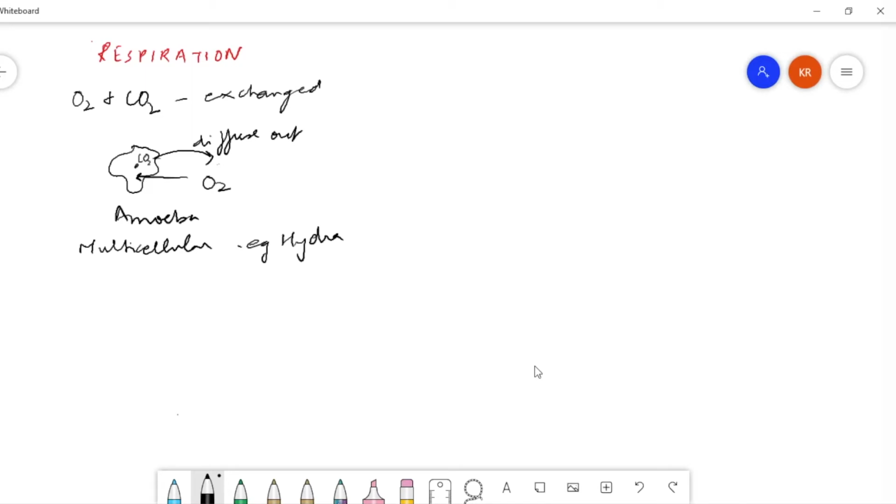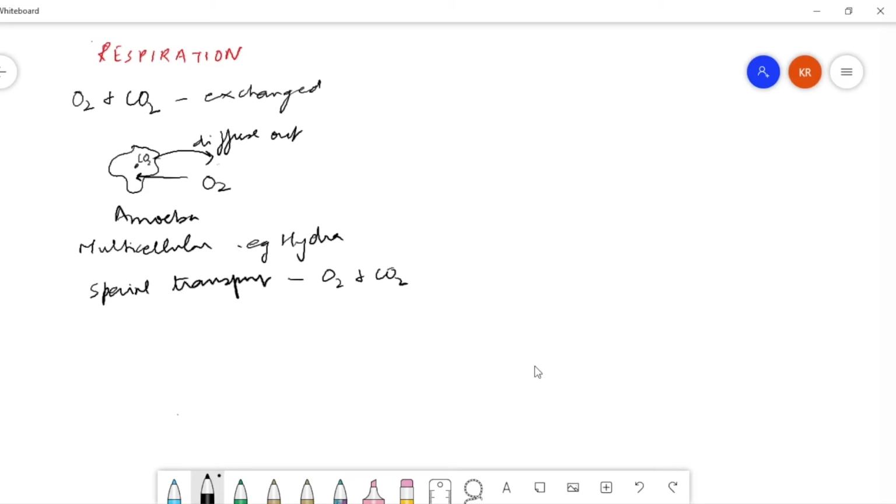But when the body becomes a little more complex, then we require special transport mechanisms for transporting oxygen and carbon dioxide.